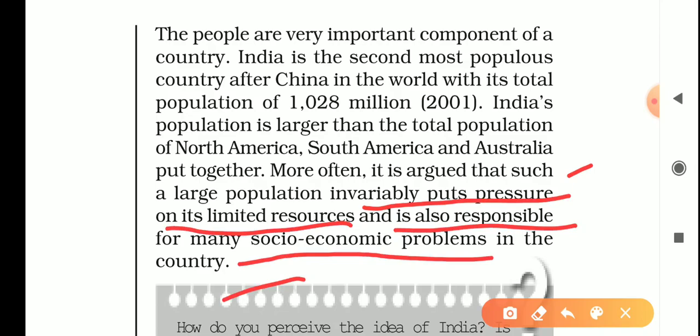So a large population is always a burden on the country, because resources are less, they cannot feed the whole population, and more population will create socio-economic problems like unemployment, poverty or crimes, etc.